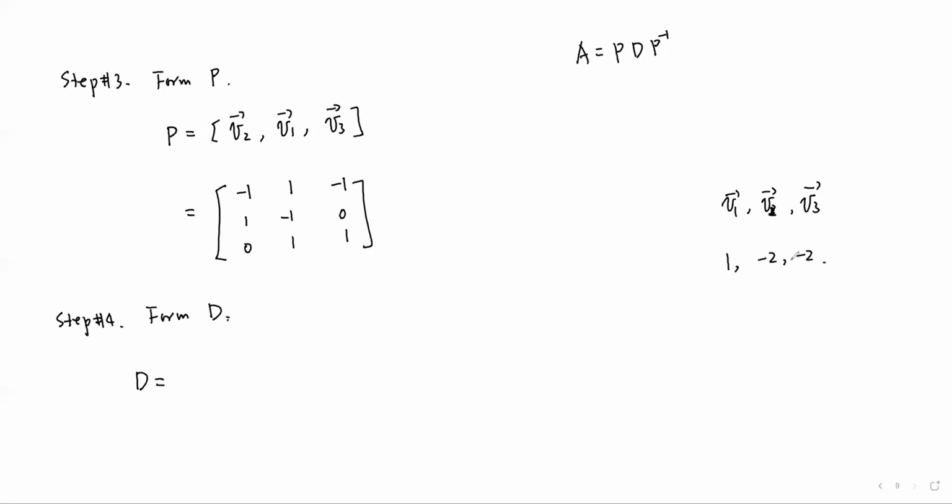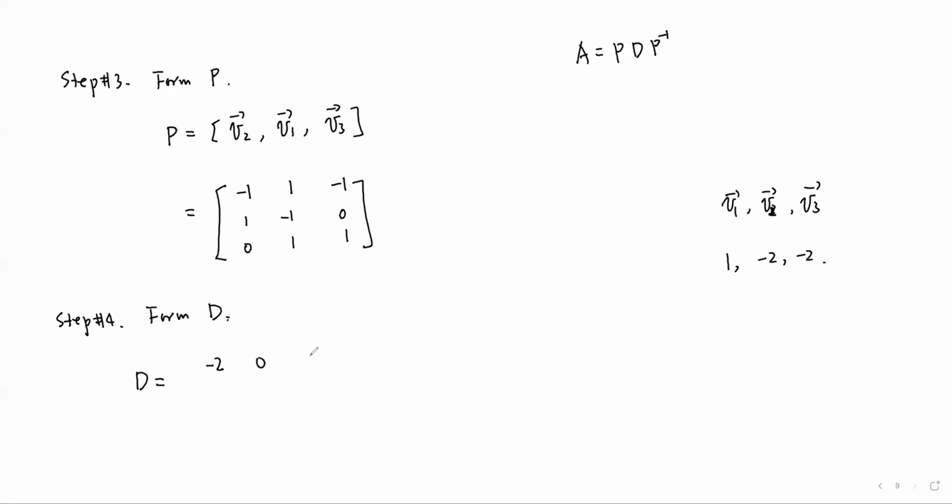This time, the order of the eigenvalues matters, it is important. Because the first column of P is V2, an eigenvector corresponding to negative 2, put negative 2 here.